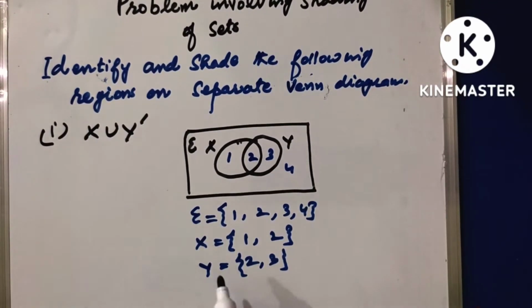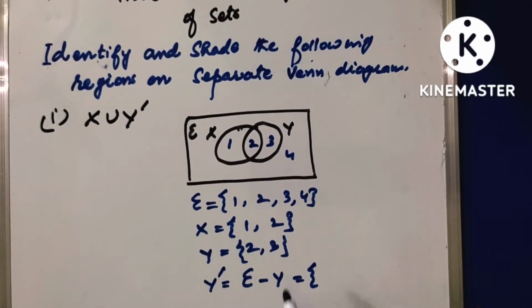Now first of all we have to find Y complement, universal set minus Y. We have to delete the elements of Y from the universal set, and the remaining elements of the universal set will be written here: 1, 4.